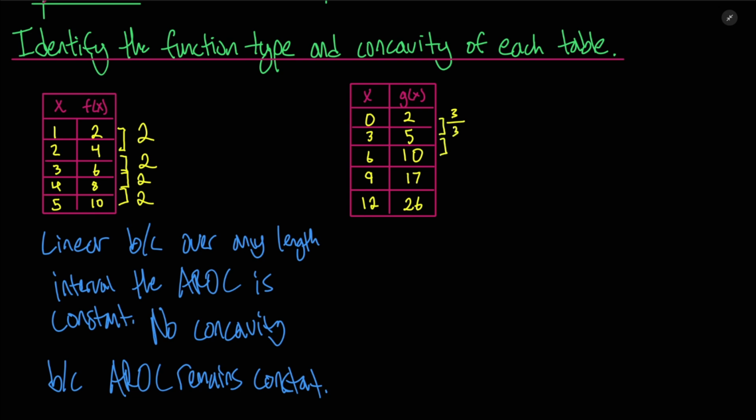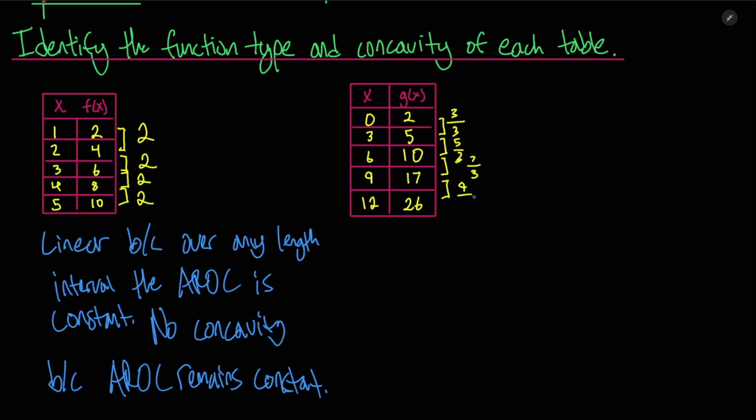Okay. Let's look at the next one. That's 5 over 3, right? Because they're increasing by 5, still dividing by 3. The next one is going to be, now we're going by 7. Still, the inputs are over 3. And what's the difference between that? That is 9.